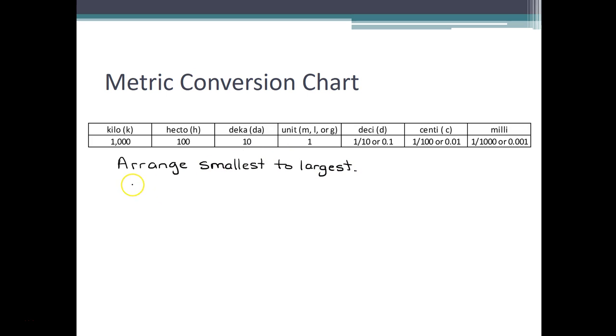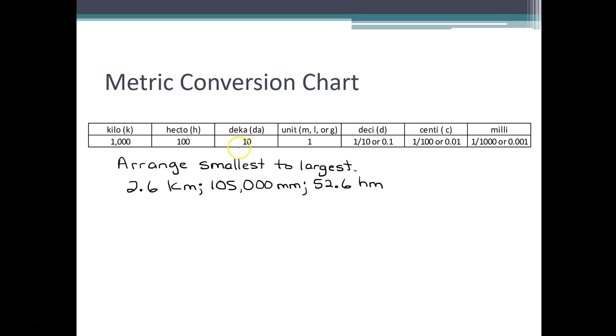So in this case, you have 2.6 kilometers, 105,000 millimeters, and 52.6 hectometers. And you're asked to put these quantities in order from smallest to largest.